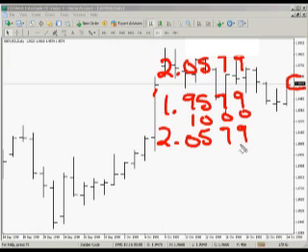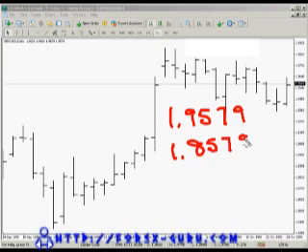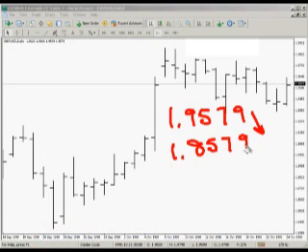2.0579. Now, if price starts at 1.9579 and moves down by 1,000, that one's actually a little bit easier. We can just look at 1.8579. Prices move down. So you see, we're simply looking at a slightly different way of calculating the numbers, and you just have to remember that when we talk about pips, we're simply talking about how much price has moved rather than in dollars or cents or points.